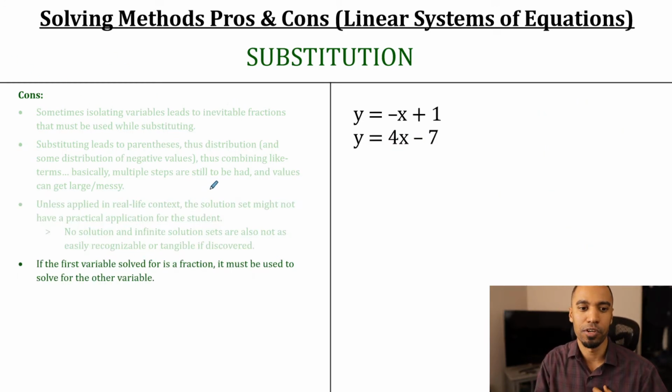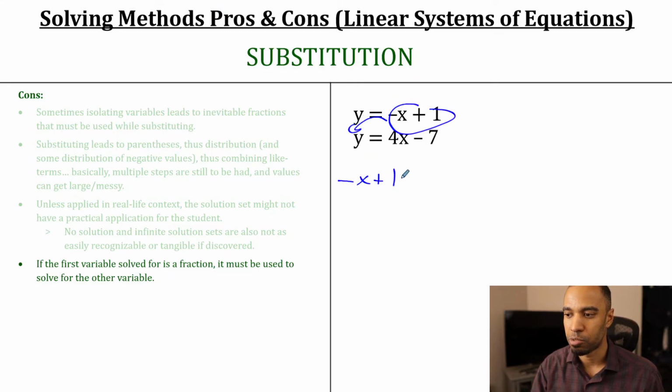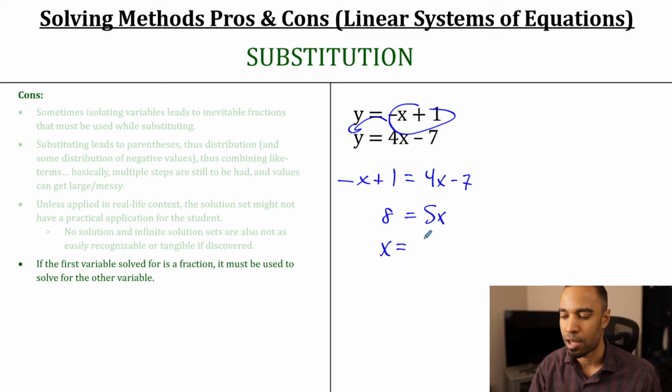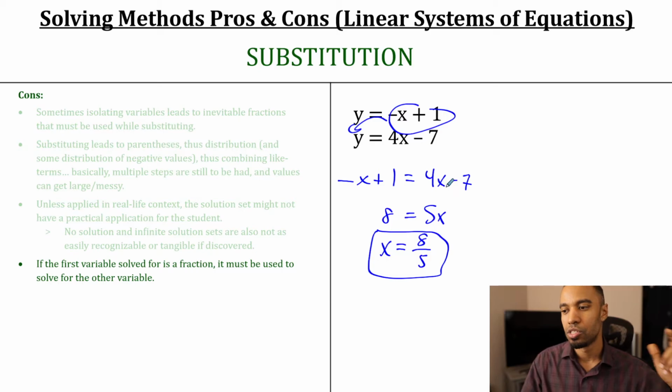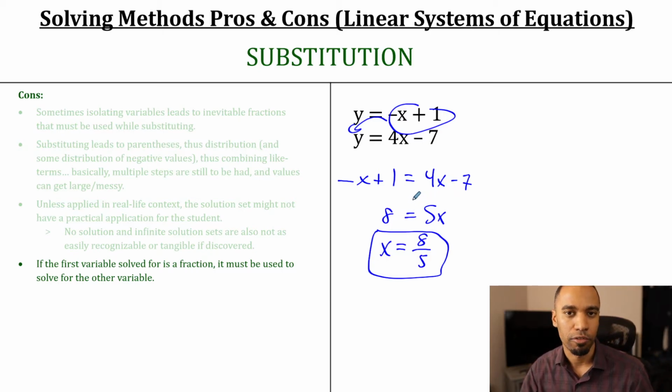And finally, if the first variable solved for is a fraction, it must be used to solve for the other variable. What I mean by that is, when I'm going to use substitution on this one and solve for x, negative x plus 1 equals 4x minus 7, when I solve for x here, 5x equals 8, x equals 8 fifths. Now I have to use this 8 fifths to solve for y.